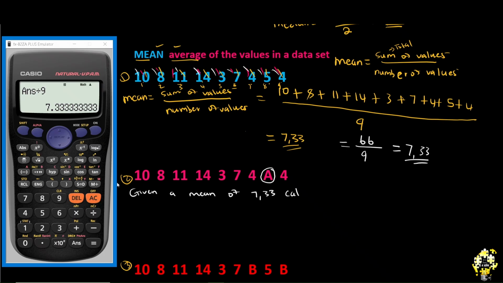Calculate the value of A. You see that? Given a mean of 7.33, calculate the value of A. This is what they want us to calculate.